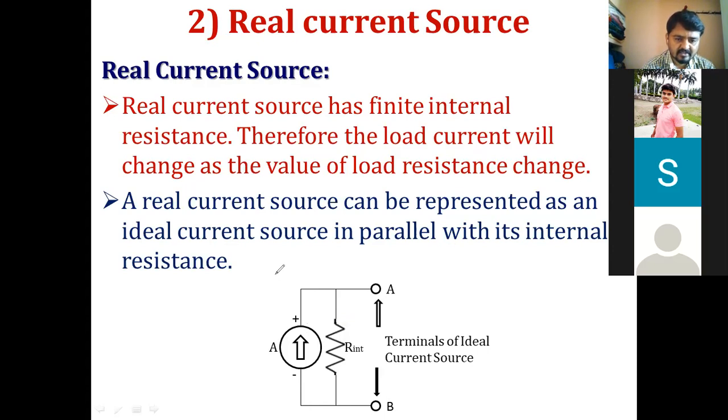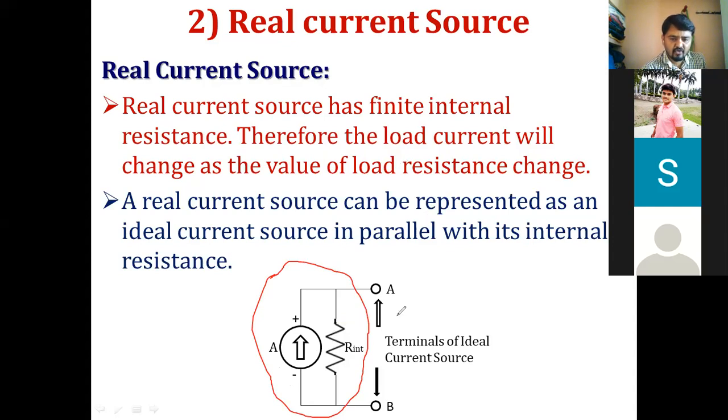Whatever this symbol is, this one, we call the practical current source. So an ideal current source connected in parallel with a resistance is called a practical or real current source, because it has some finite internal resistance added in parallel. The real current source has finite internal resistance.